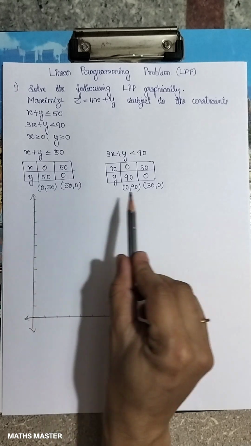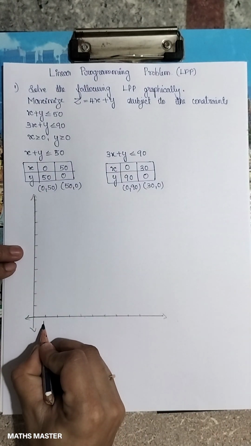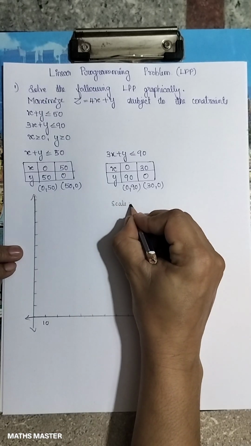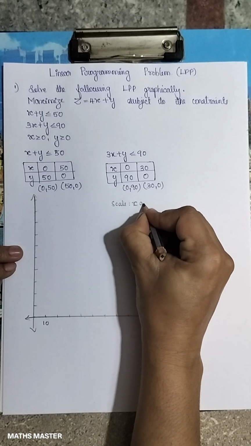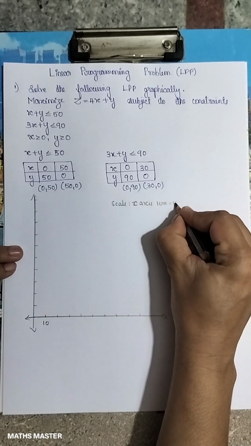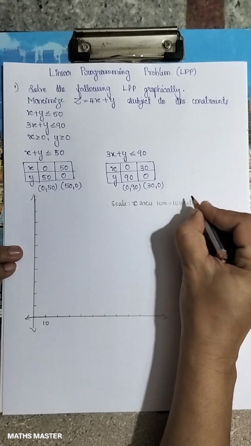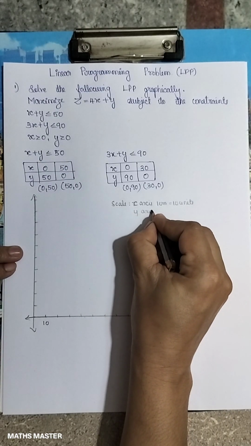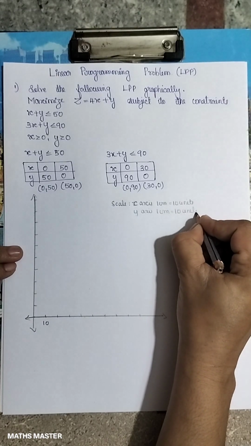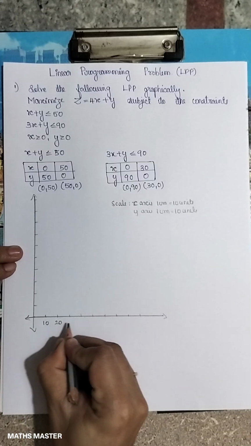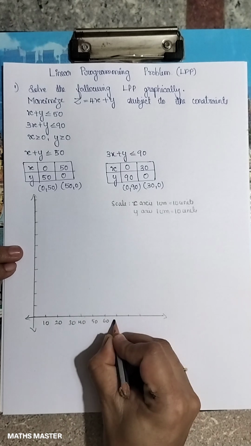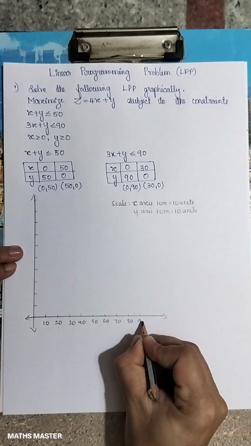So since we have 50, 90, 30, I'll take 1 centimeter. I'll write the scale over here. Scale, x-axis: 1 centimeter is equal to 10 units I'm considering. Similarly, y-axis: 1 centimeter is equal to 10 units. 10, 20, 30, 40, 50, 60, 70, 80, 90.